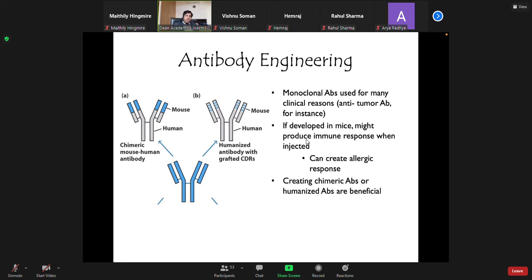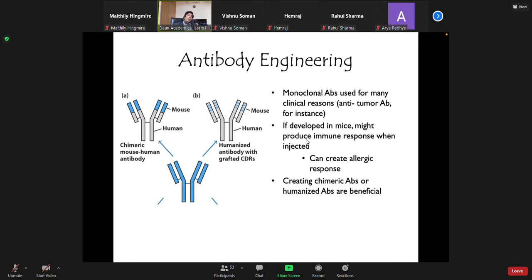Antibody engineering usually is when you modify part of your antibody at the genetic level. So this does not happen at the protein level once you have already produced this antibody. This is at the genetic level. And why do you have to do it?